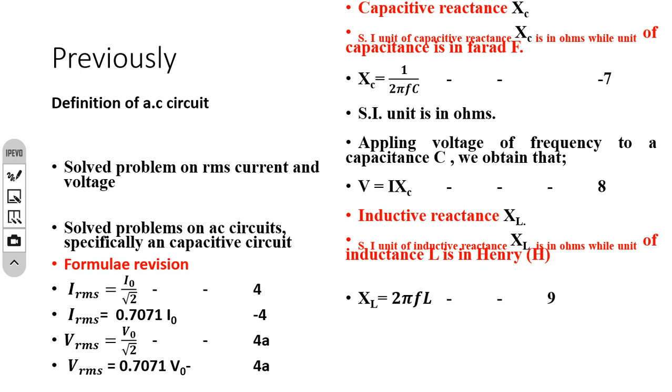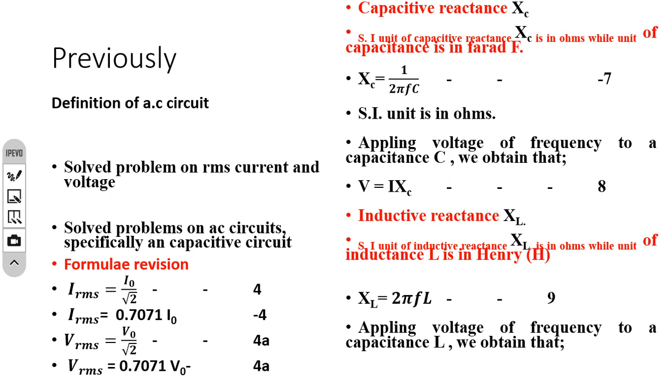Equation 9 and equation 7, can you tell the differences? For XC, it's a ratio, and we use the value for capacitance, and XL is not a ratio, and we use the value of Henry, the value of the inductor.